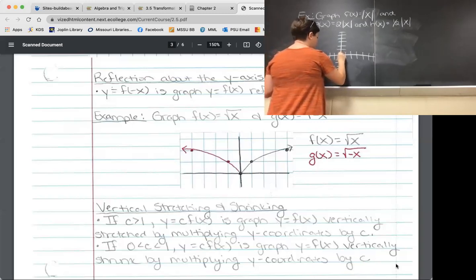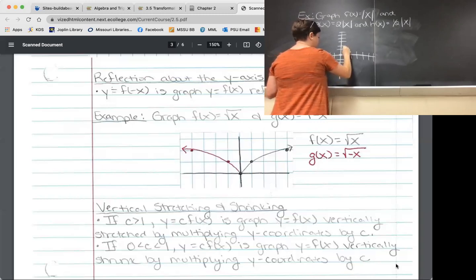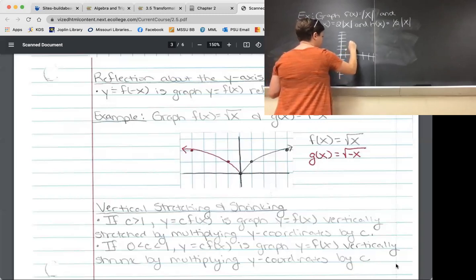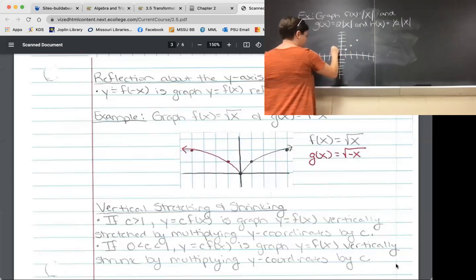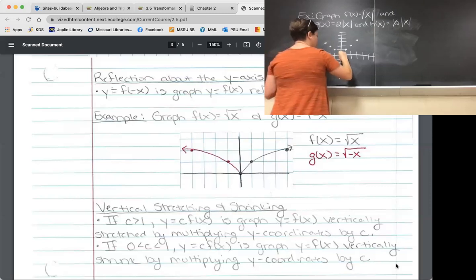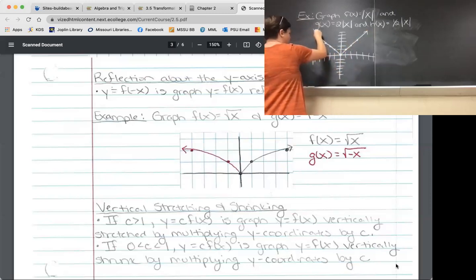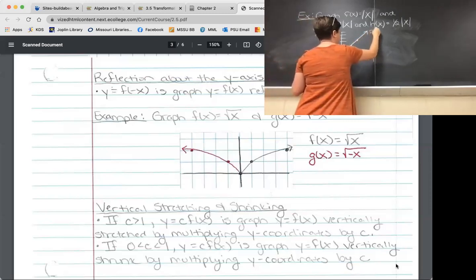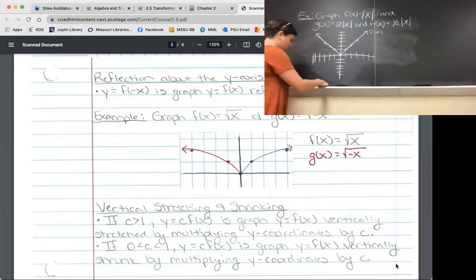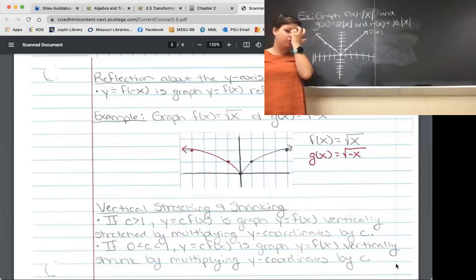So we would have 0, 0. We would have 1, 1, 2, 2, 3, 3, negative 1, 1, negative 2, 2, negative 3, 3. And we have this nice v as our f of x. So that is just the original plain function, no stretching, no shrinking.